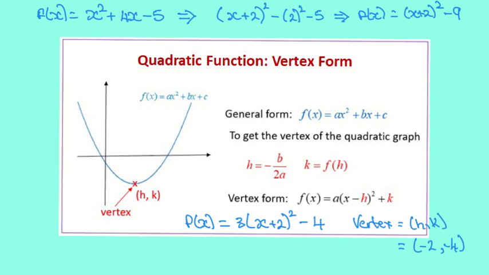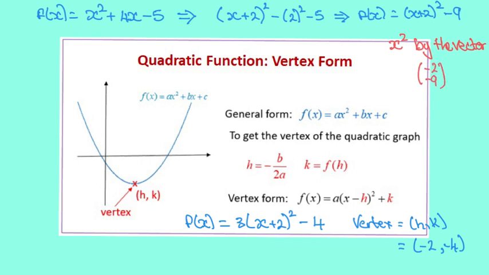A quadratic in vertex form can also be seen as a series of transformations. For instance, f of x equals x plus 2 all squared minus 9 is transforming the parent function x squared by the vector minus 2, minus 9.